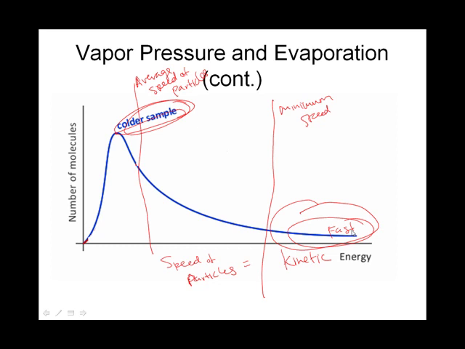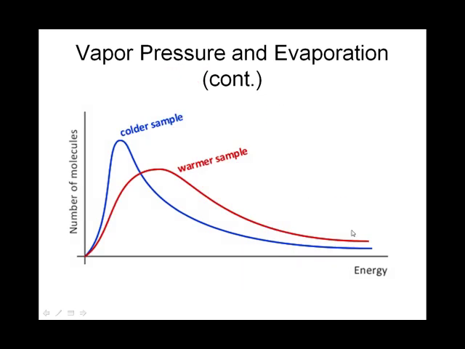So if I were to now take this drawing and put it in terms of a warmer sample of water, here is the warm sample of water. The particles are swaying a little bit more towards the right side of this chart. Again, this energy is what we call the kinetic energy, which pretty much translates to speed of particles.